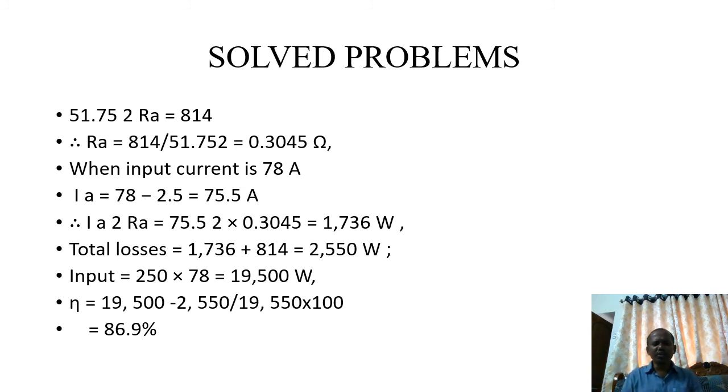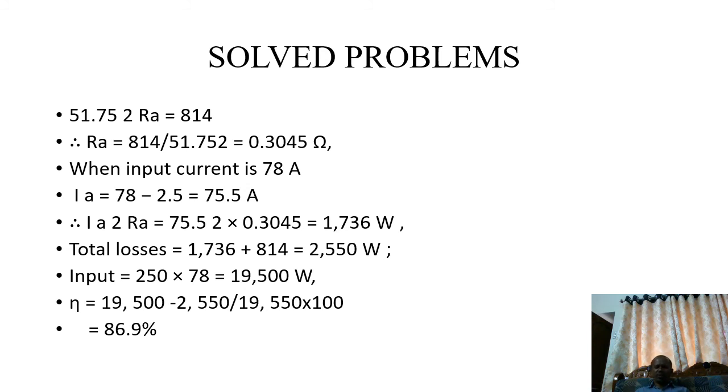Therefore, input is equal to V into IL. 250 is the applied voltage, 78 is the line current given from the mains. So input is equal to 250 into 78, which is equal to 19,500 watt. Therefore, you can calculate the efficiency of the machine. Efficiency is equal to output by input into 100.